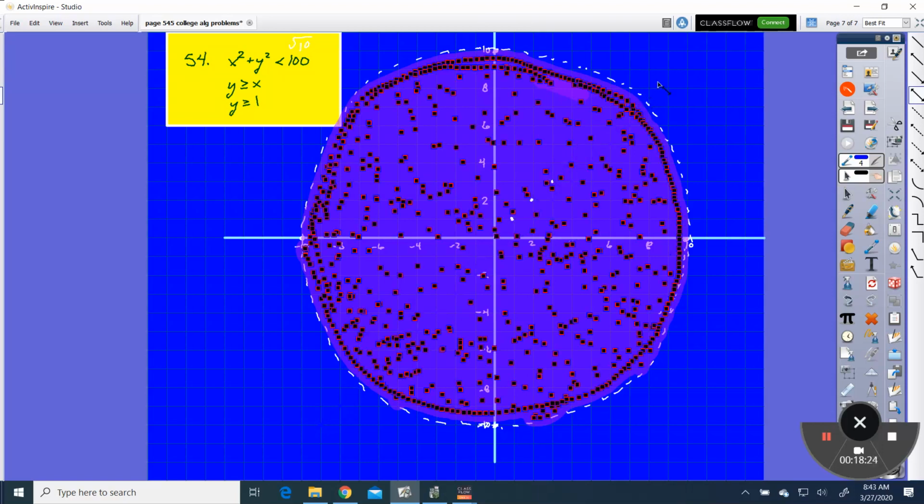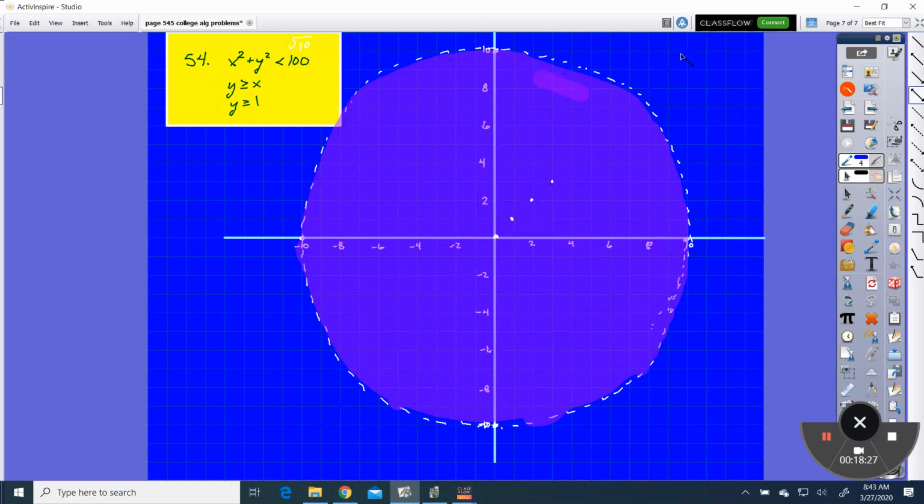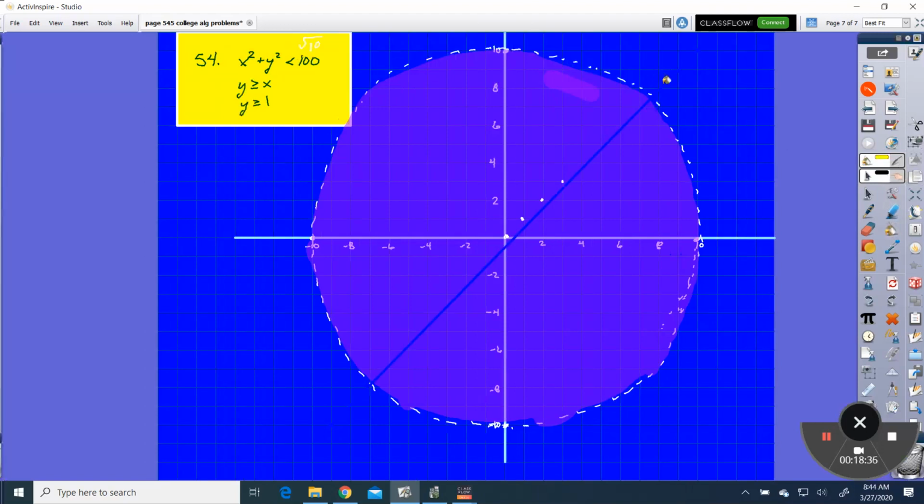Oops, that's supposed to be a white line. Oh, somewhere I got off on my line. My computer's being way slow in responding to me. There we go.